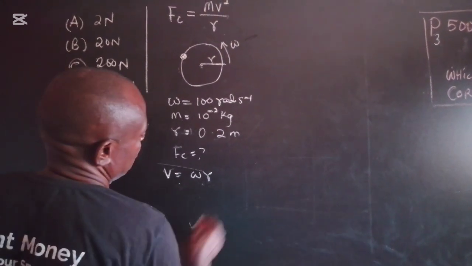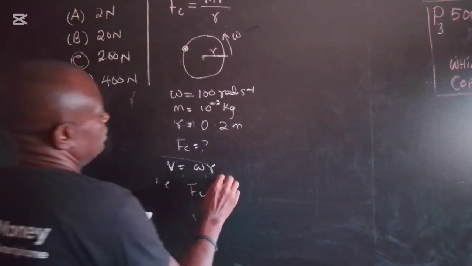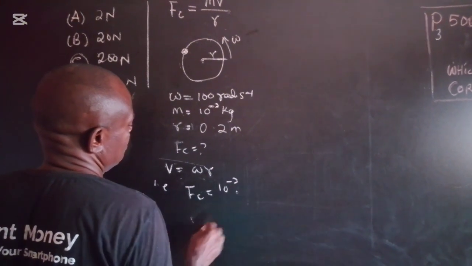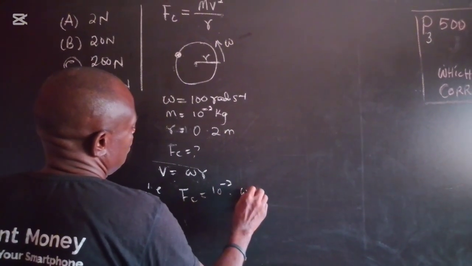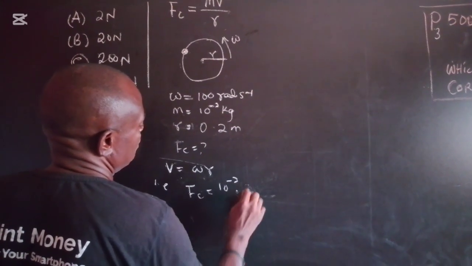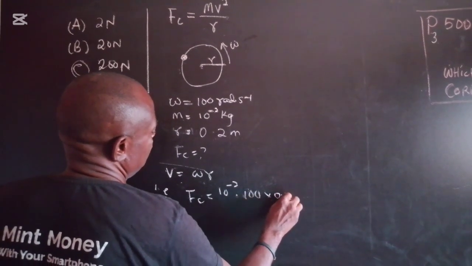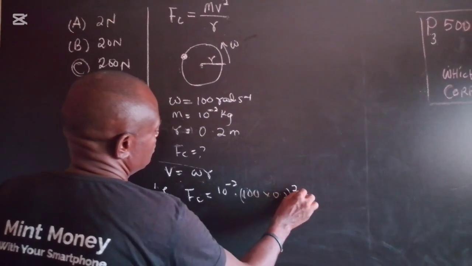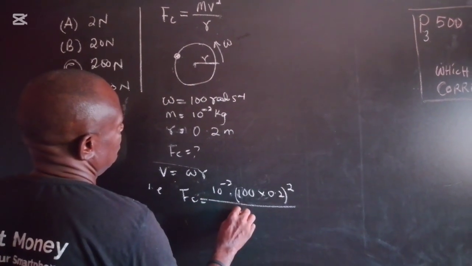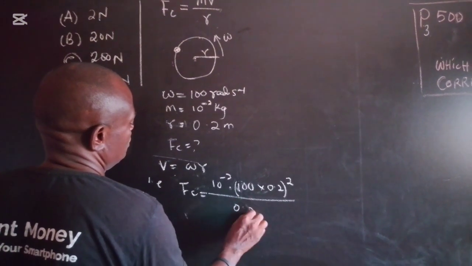So we now say, therefore, that our FC equals the mass, given as 10 raised to power minus 2, then we have our V, so angular velocity times radius, squared. The value of angular velocity is 100 times radius 0.2, everything squared, and then everything is divided by the radius, which is 0.2.